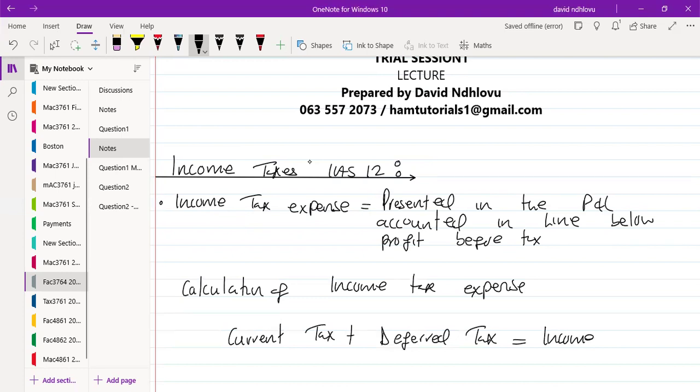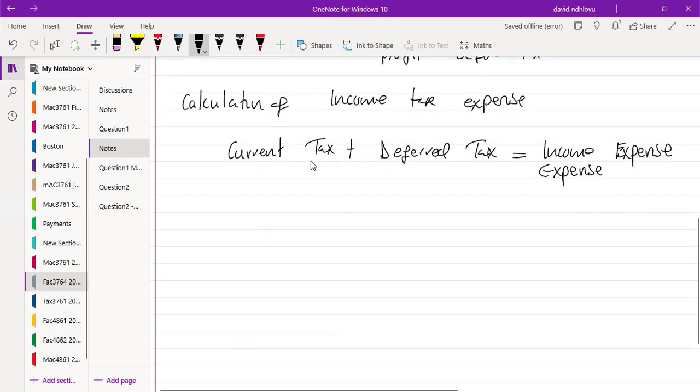So the income tax expense amount is a combination of deferred tax and also the current tax amount. We discussed this in the prior week.